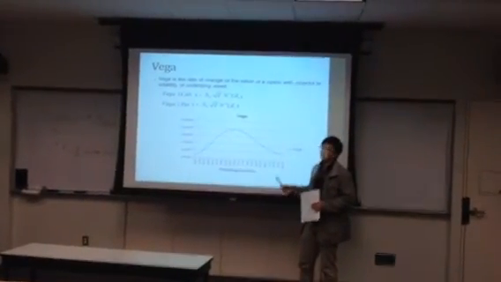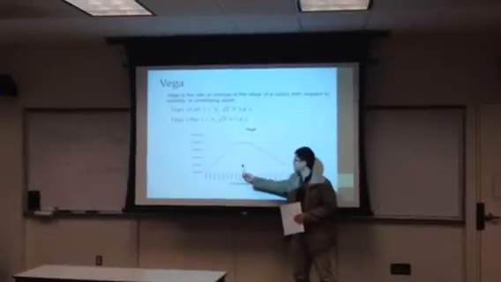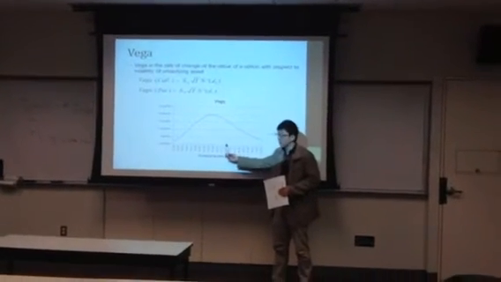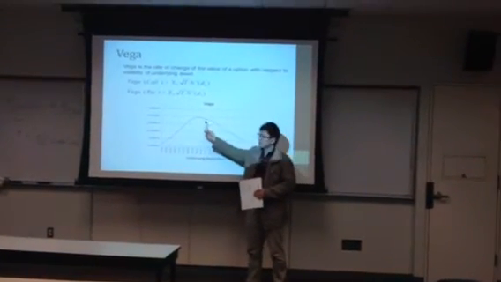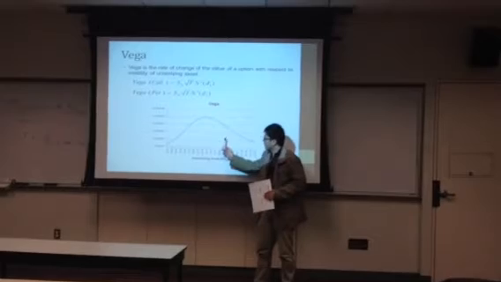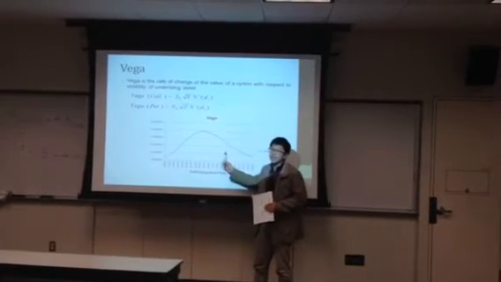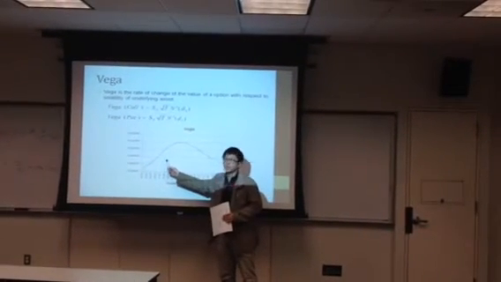Let's say put option that is out of the money, so the strike price is here. However, when the volatility changes a little bit, the out of the money put is more likely to change to the in the money put.